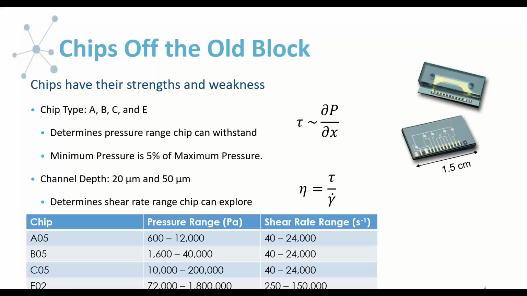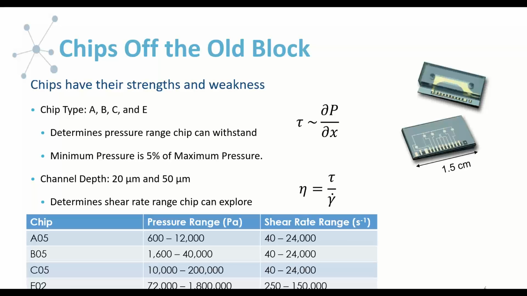And this is just so that we can get a strong signal to noise ratio so that we're confident in our shear stress measurement. If you look at the table below, you can see that on the 1 Plus platform, the A05 chip has a range between 600 and 12,000 pascals, the B chip 1,600 to 40,000, C 10,000 to 200,000, and the E chip 72,000 to 1.8 million pascals.